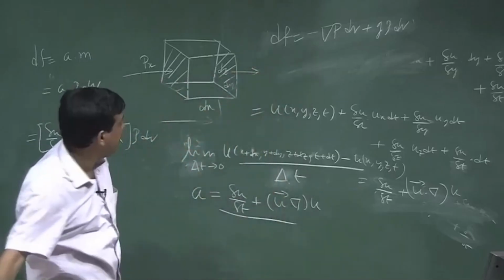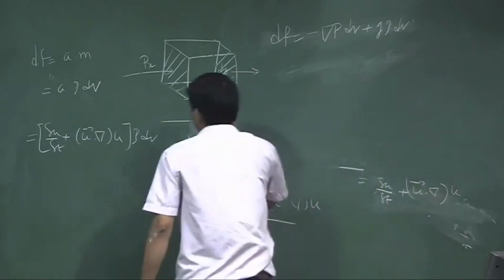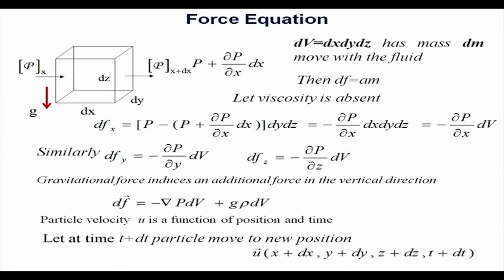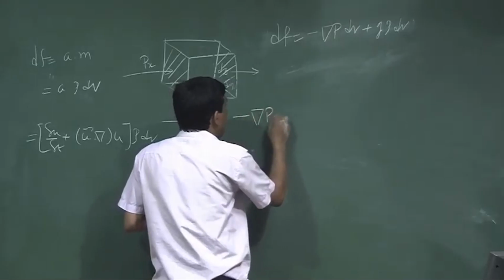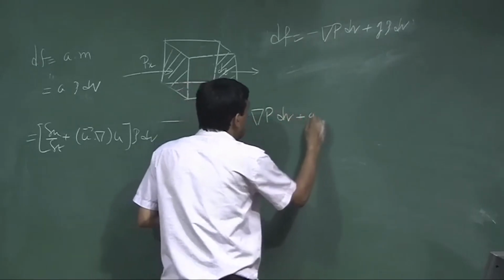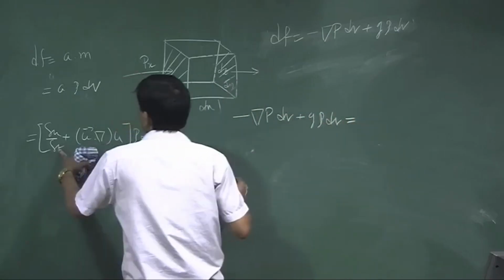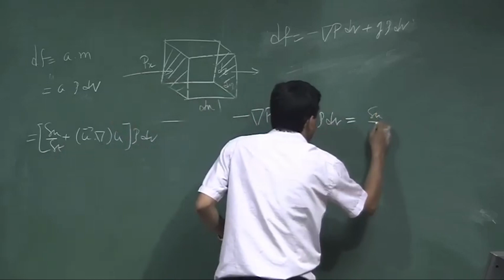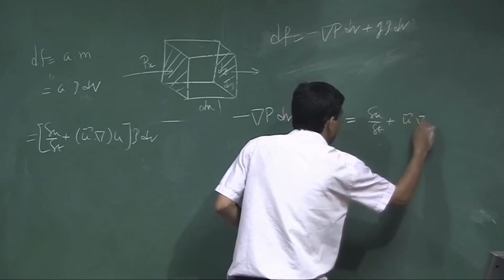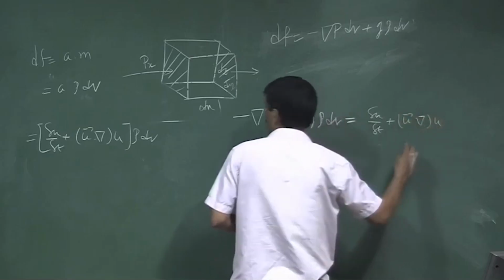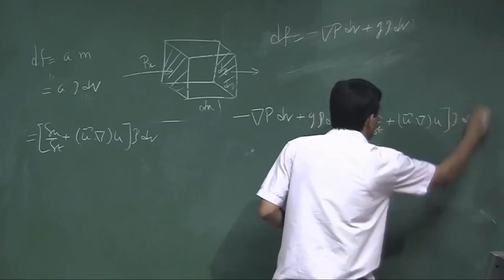So in that case this and this must be equal. So I can write that now I get one equation. What is the equation? Minus ∇P dV plus G rho dV is equal to ∂u/∂t plus u·∇u, whole multiplied by rho dV.